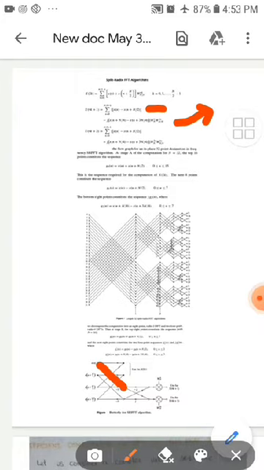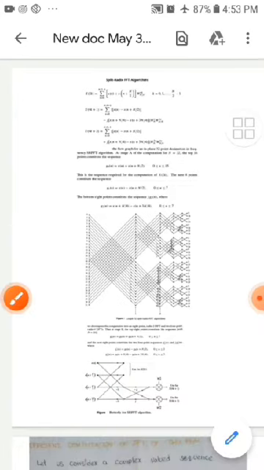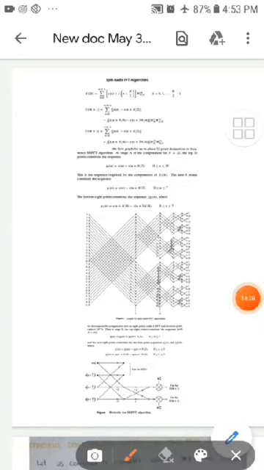So here x of n minus x of n plus N by 2. And next is minus j into x of n plus N by 4 minus x of n plus 3N by 4.